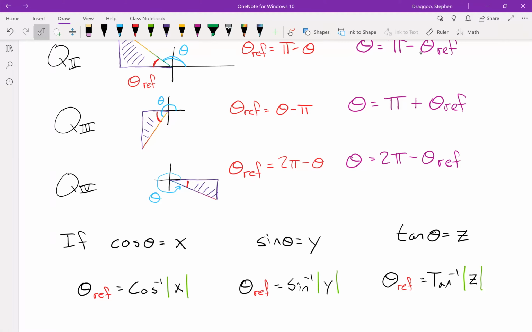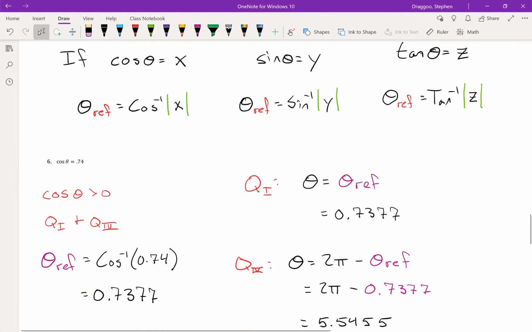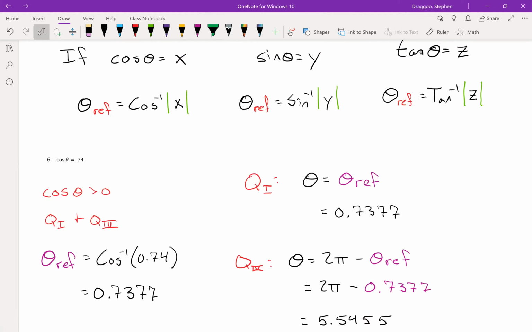So probably comes as no surprise that we're going to be putting that information to work in problems 6, 7, and 8. In problems 1 through 5, all of my solutions came out to an answer that we have memorized from the unit circle. Questions 6, 7, and 8 will not come out to one of those 16 angles that we have memorized.